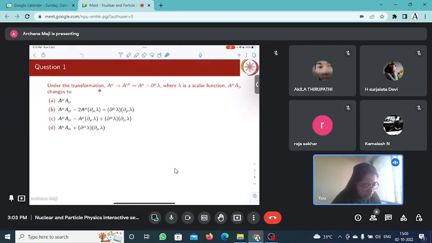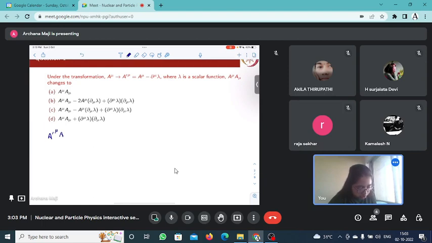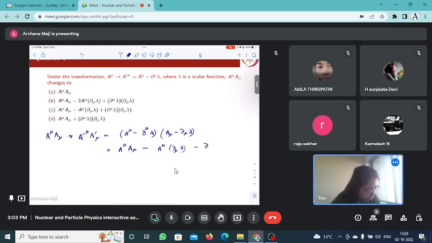Under this gauge transformation, this quantity changes to A prime mu, which will be equal to A mu minus del mu lambda, minus A mu plus del mu lambda.